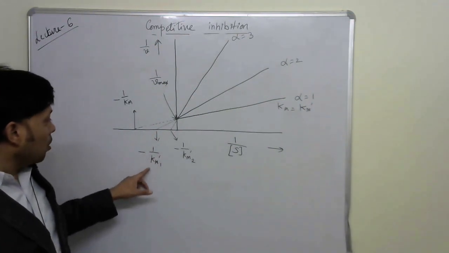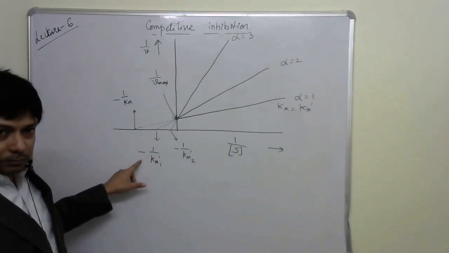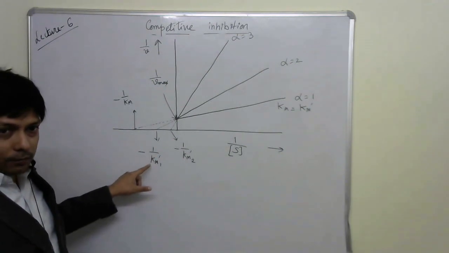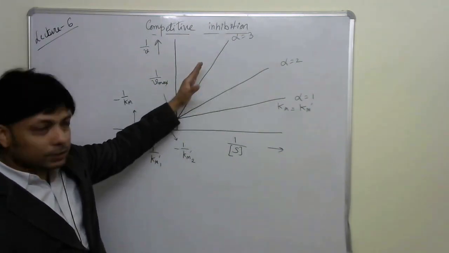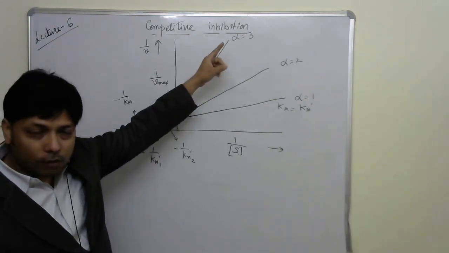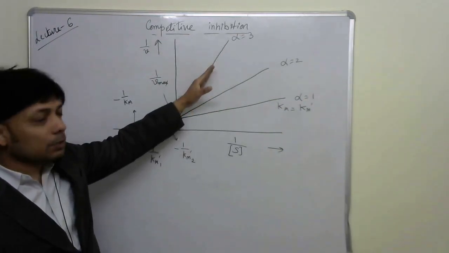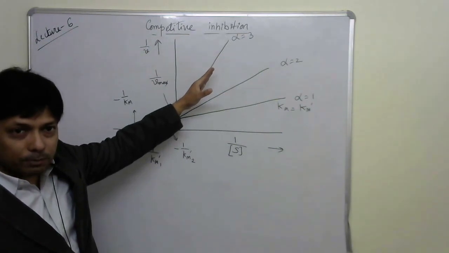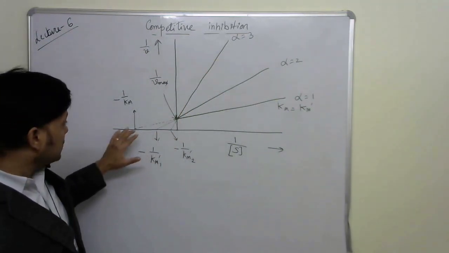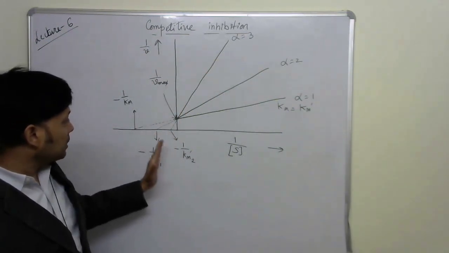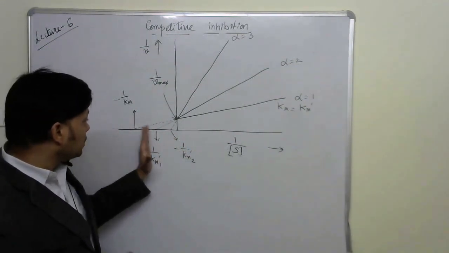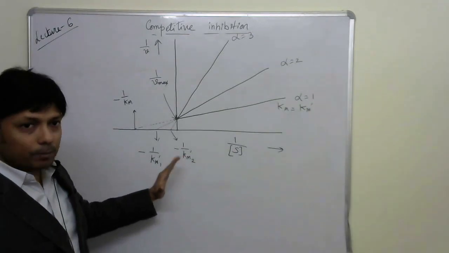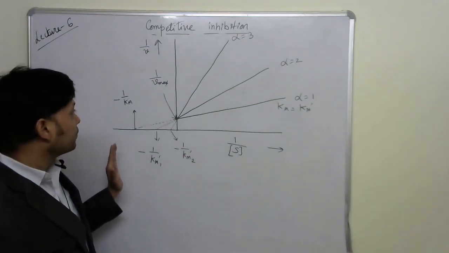The intercept on the 1 over S axis becomes minus 1 divided by Km prime 1. Similarly, with further increase of inhibitor concentration for alpha equal to 3, we have an even steeper slope of the double reciprocal plot, and the intercept shifts towards zero. That means the intercept becomes less negative from a higher negative value.